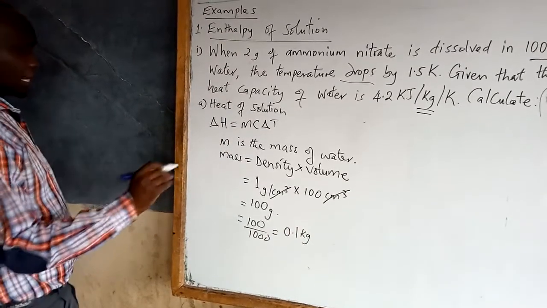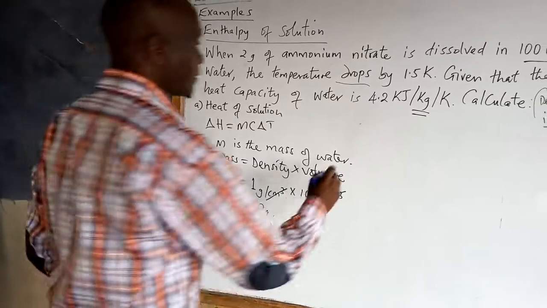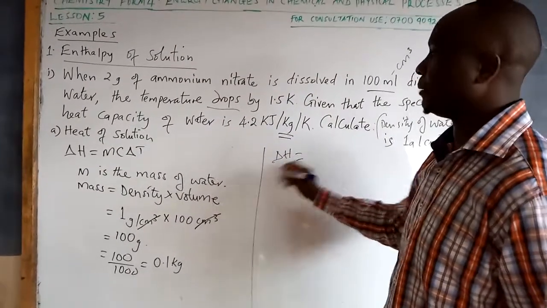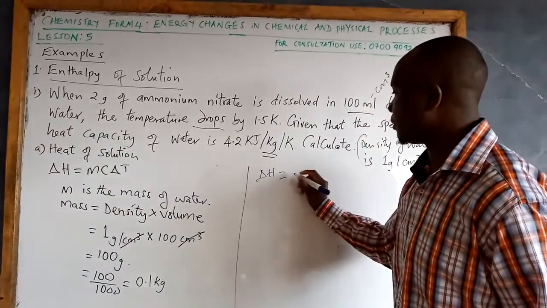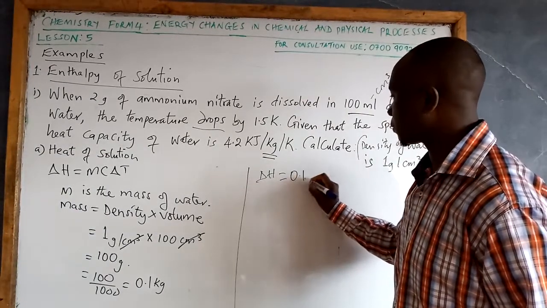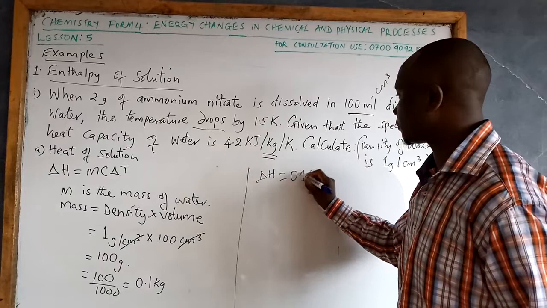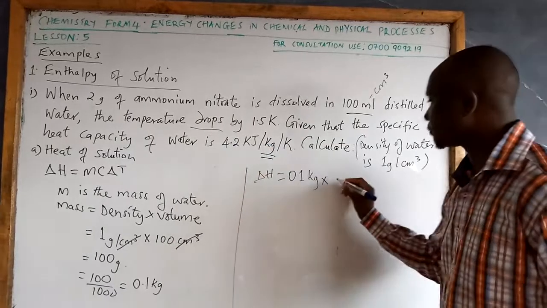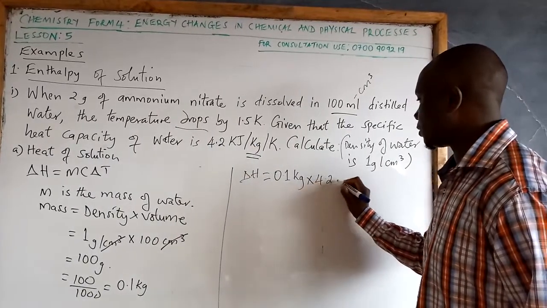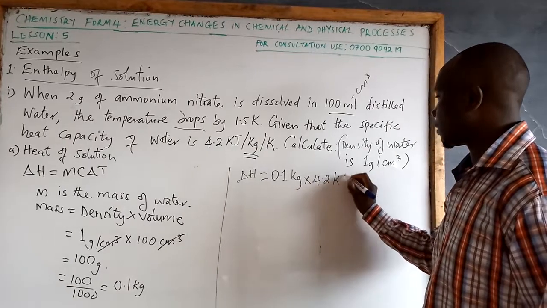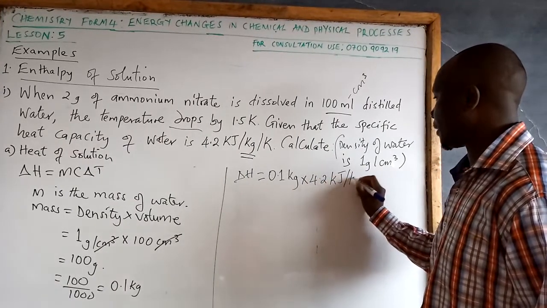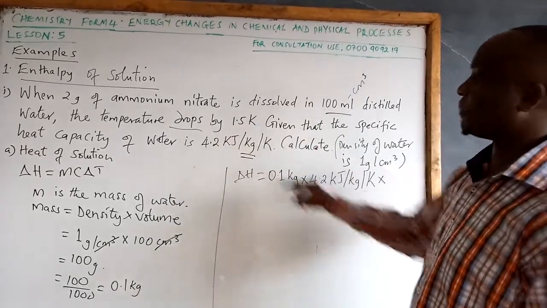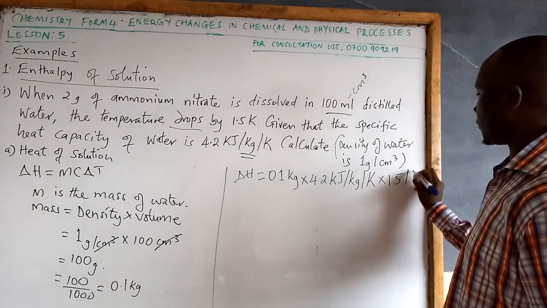So now we can calculate the heat. The H will be the mass of water, 0.1 kilogram, multiplied by the specific heat capacity we have been given here, 4.2 kilojoules per kilogram per Kelvin, multiplied by the change in temperature, which is 1.5 Kelvin.